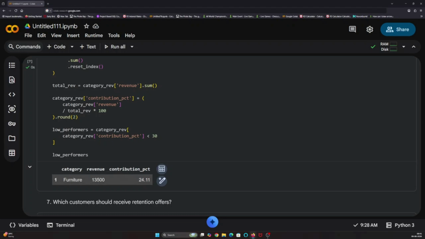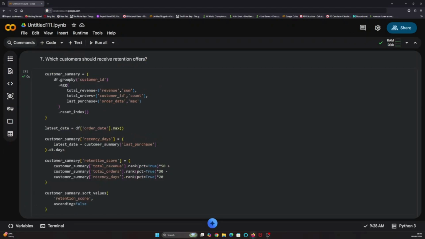Moving on to the final problem statement of the day. Which customers should receive retention offers? Now let's combine everything. Imagine management says we only have budget to target a few customers who should receive retention offers. This is where analytics become interesting. We are going to create a simple retention score. The score combines revenue contribution, purchase frequency, recency.